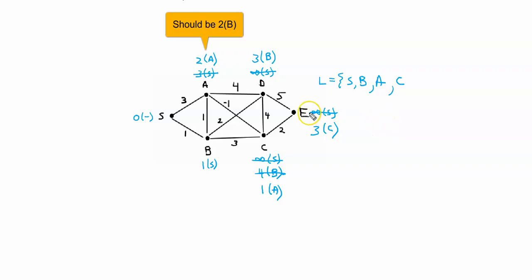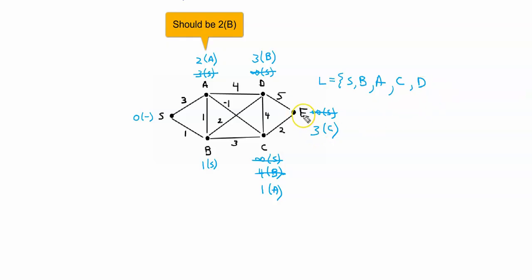Now we need to add another vertex to this list. So we look at the vertices that are not in this list and have the smallest label. Now that's only D and E. They both have the same label weight, so we'll just pick one arbitrarily, call it D. And then we update the labels associated with vertices that are not in this list.